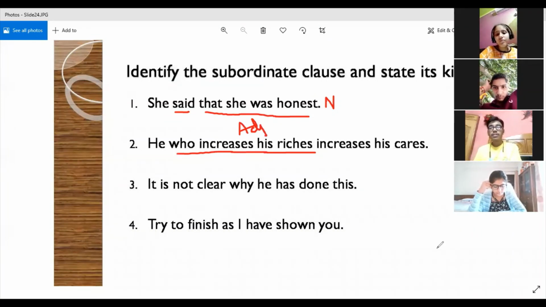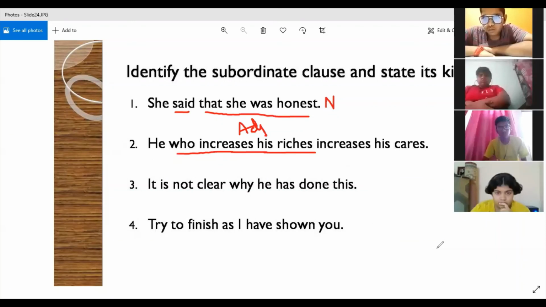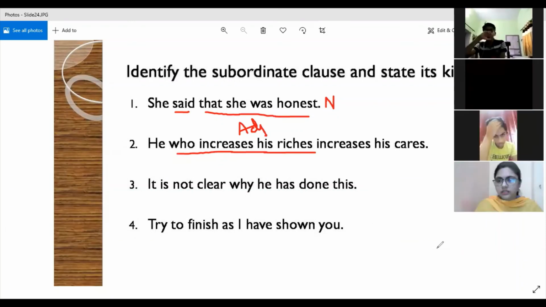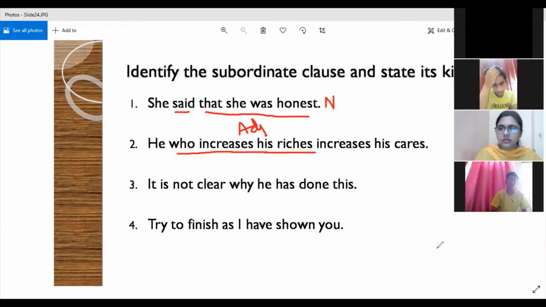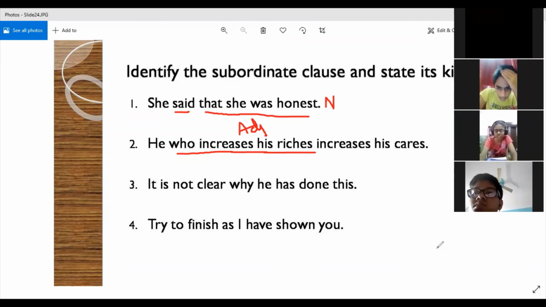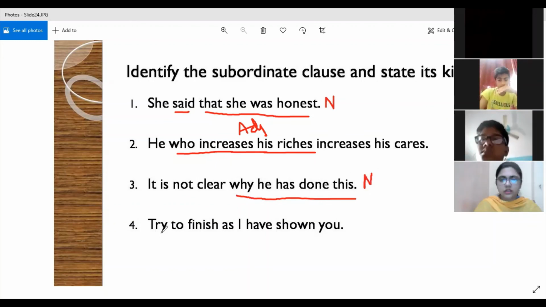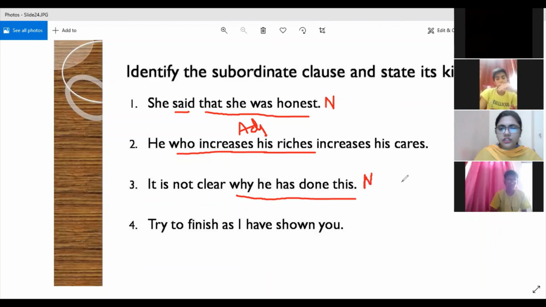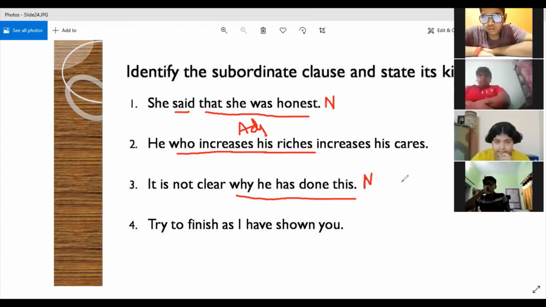Next, it is not clear why he has done this. Yes, Dev. Ma'am, why he has done this. Okay. What is it? Ma'am, noun clause. Correct. Noun clause. Last one, try to finish as I have shown you.